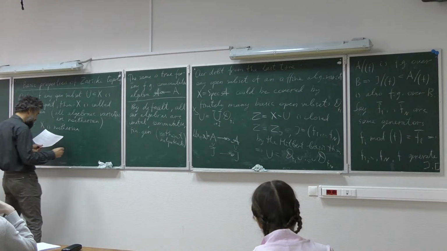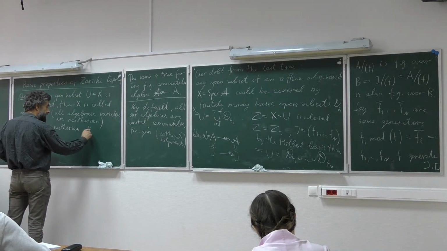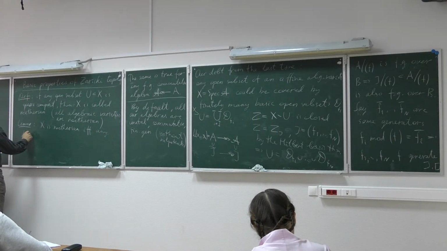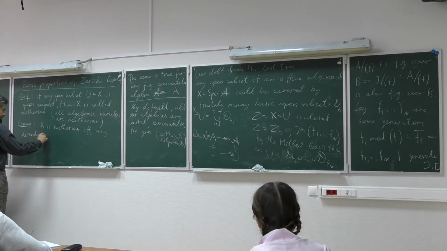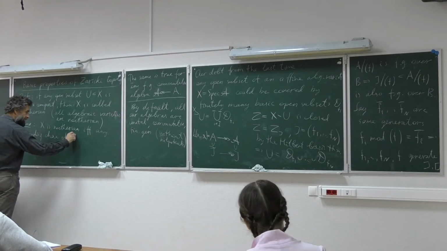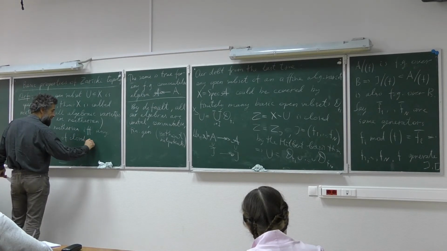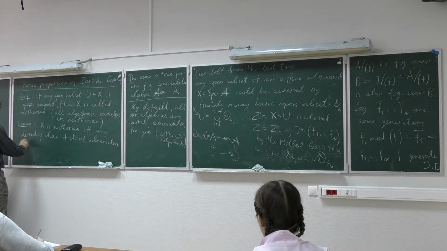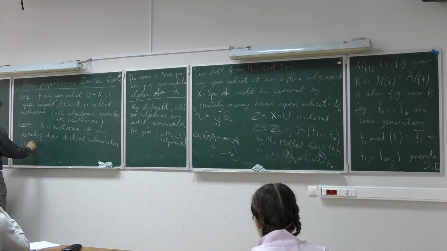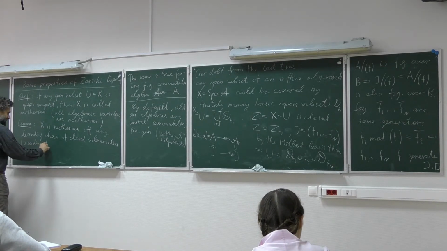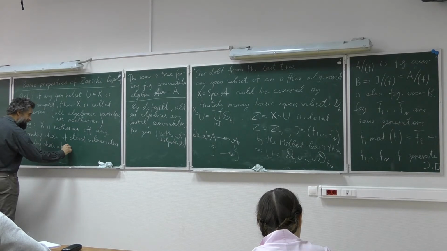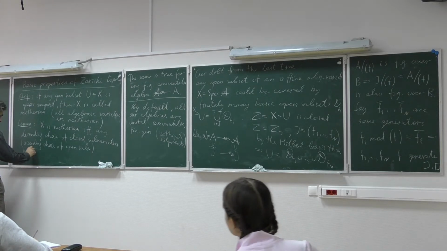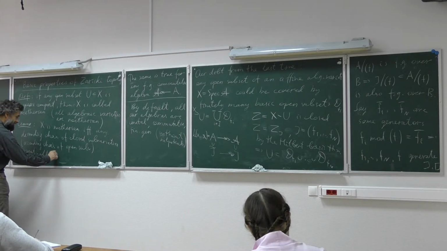So X is Noetherian if and only if any descending chain of closed subvarieties, or equivalently ascending chain of open subvarieties, eventually stabilizes.